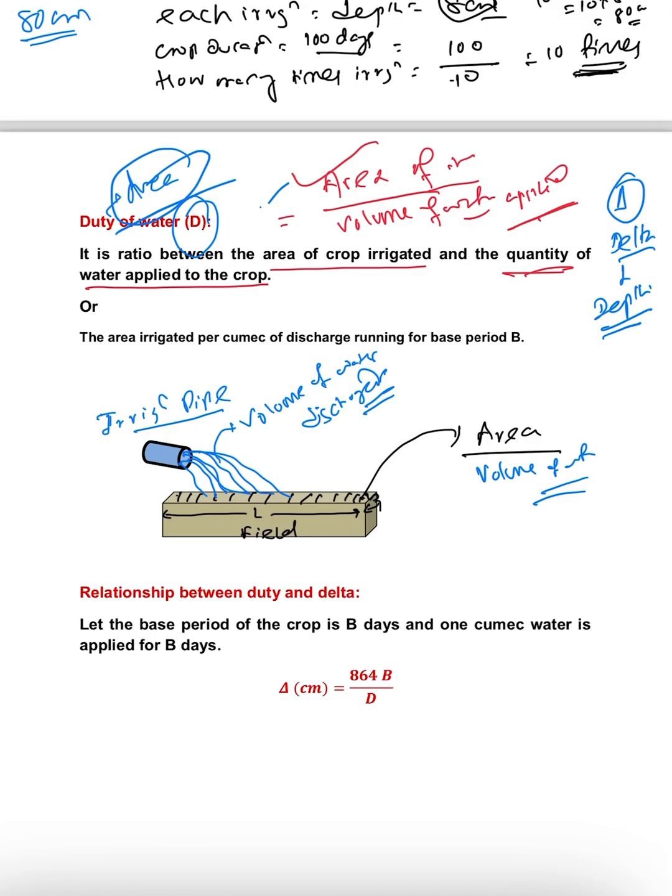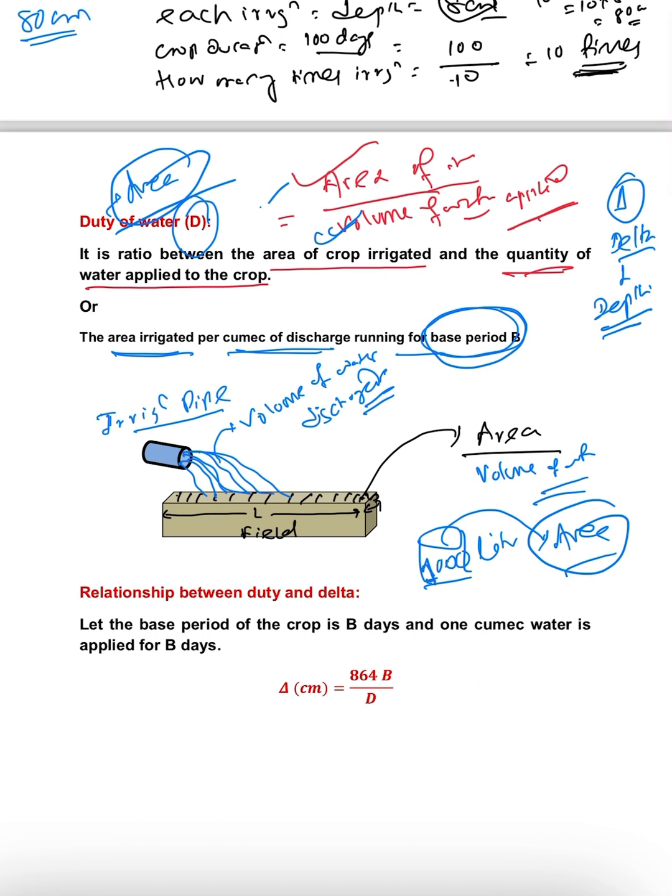We can say it is the area irrigated per cubic discharge running for a base period B. Suppose I have 1000 liter of water. The question is, out of this 1000 liter of water, how much area will I irrigate? That is, per unit volume of water, how much area you are going to irrigate.